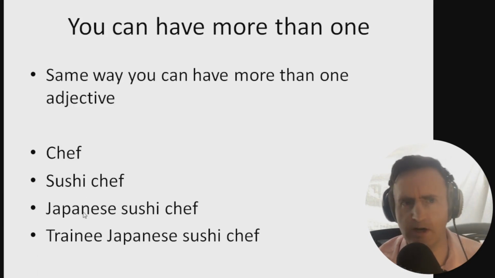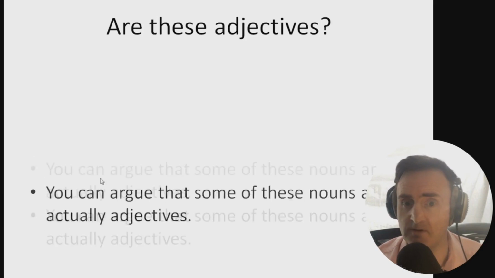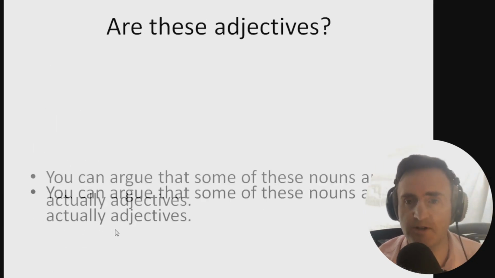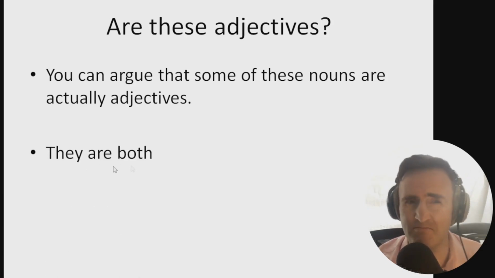I guess so. So is it a noun or is it an adjective? It's a bit of both. Same for sushi. Does it fall into one of these? Is it a material? Don't know. But does it matter? No. Because they're probably both.